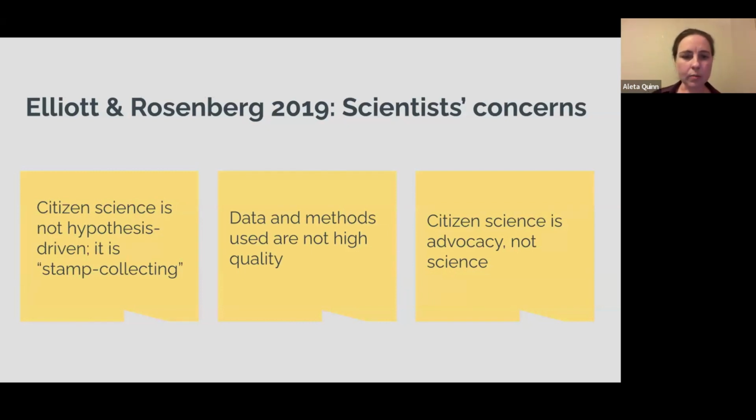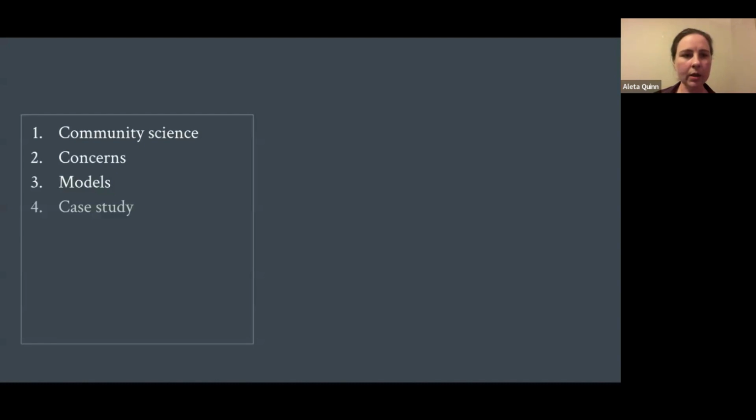So we can look at where we've moved to. And here then, what I'll suggest is we can look at some models of the appropriate role of values in science and try to apply them to the community science case, or the specific cases that I've been talking about so far, and see what we get out.